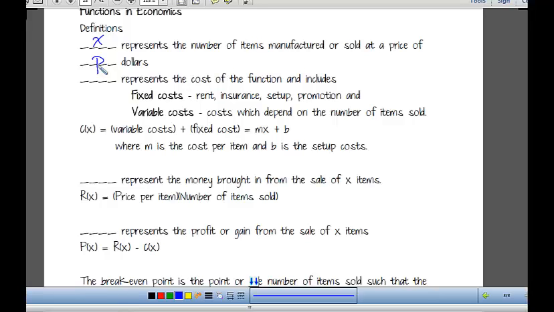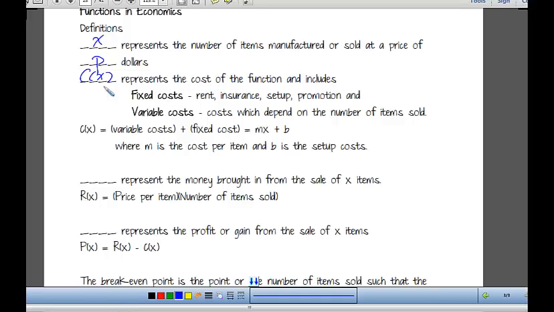The cost, C of X, represents the costs of the function and includes fixed costs and variable costs. Fixed costs are those things that we incur before we even manufacture or purchase the first item. And then variable costs are those costs which depend on the number of items sold.